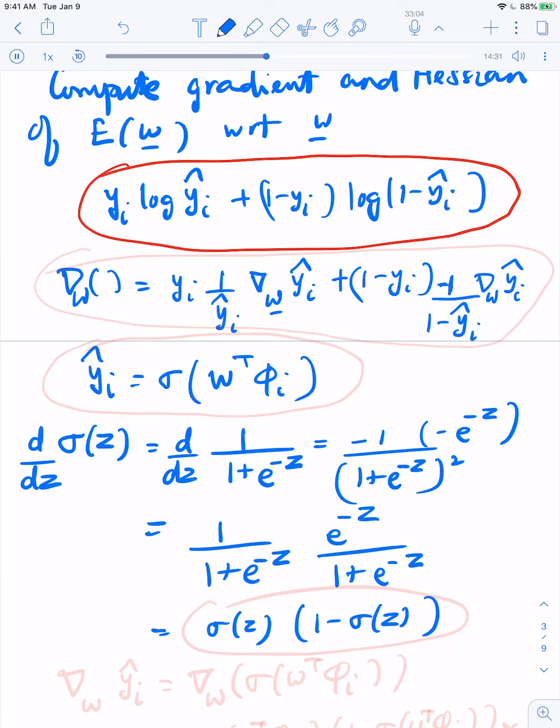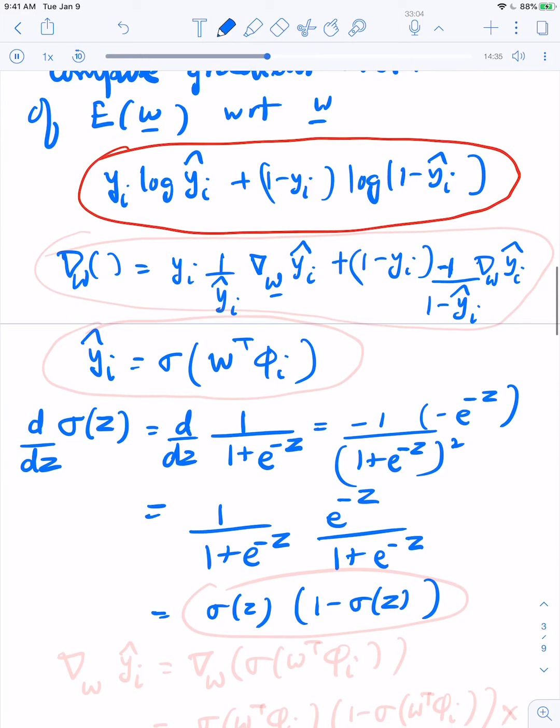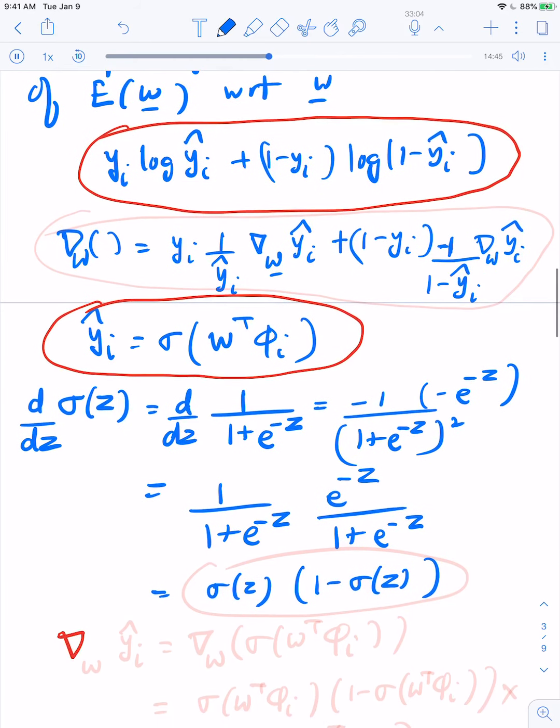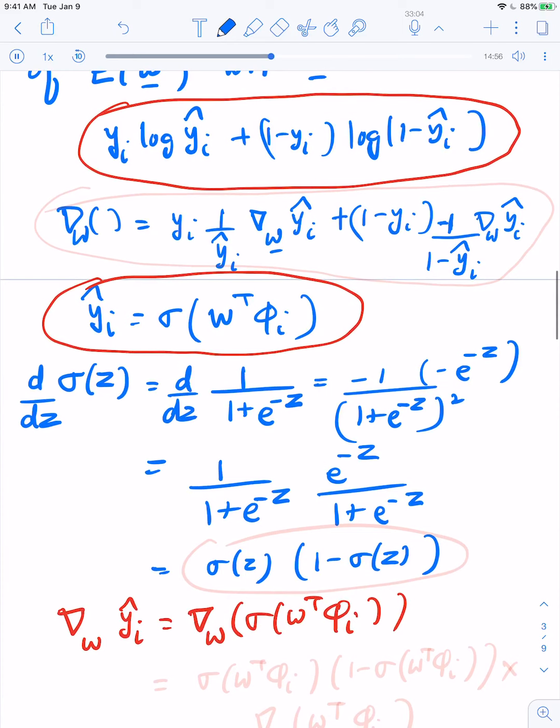So now I'm going to go back to, let me change pen color, I'm going to go back to this guy and compute its gradient, right? So the gradient of Yi hat is the gradient of the sigma of W transpose phi, right? And again, I'm going to apply chain rule. So I'm going to differentiate sigma with respect to its argument.